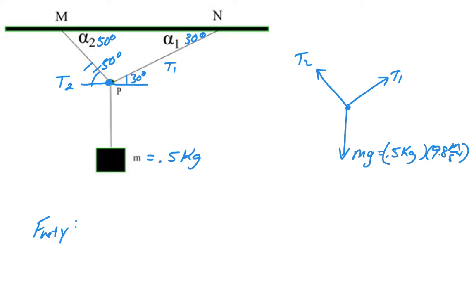We know that the component of T1 in the y is simply T1 times the sine of 30 degrees. Make sure you understand where that comes from, okay? Make sure you understand that we just got that component from this angle and the magnitude of T1, which we don't know, so we're just calling T1, okay? I left it positive because T1 is pointing up and to the right, and I usually assume that up is going to be positive, okay?